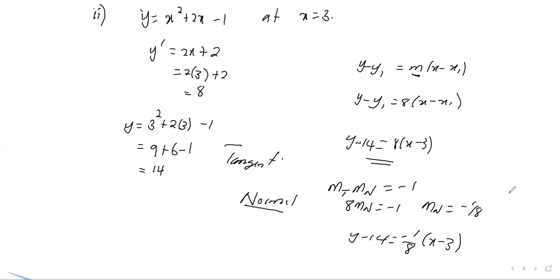So what does the identity say? Part 3 says that if you have n r plus n r minus 1, what you get is n plus 1 r. So we want to use this, okay?